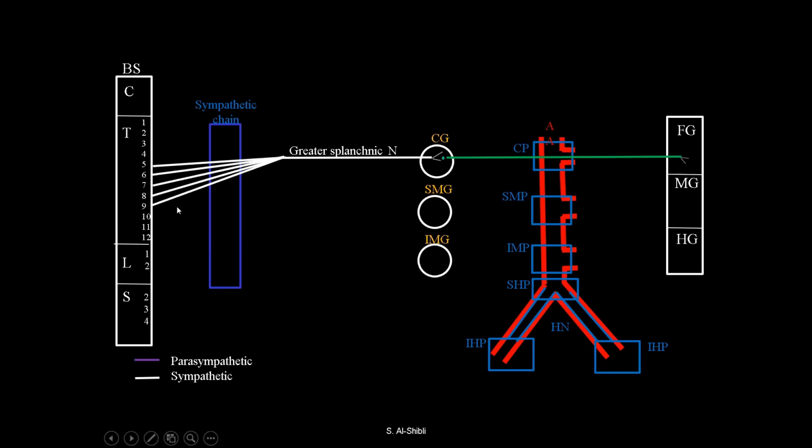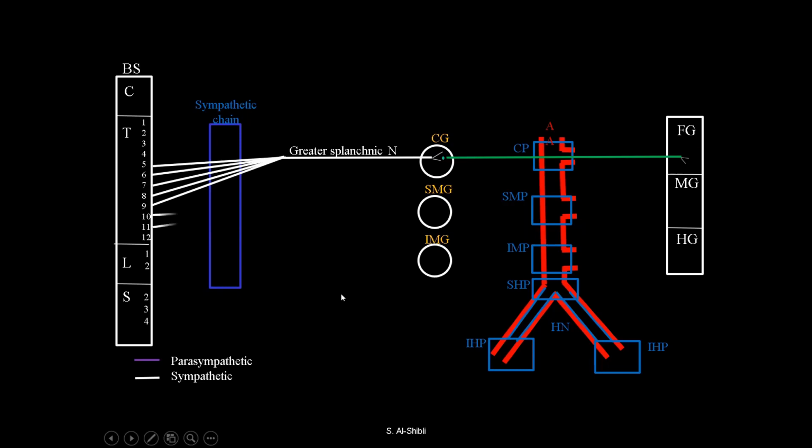Okay, so the first we call the greater splanchnic, 5, 6, 7, 8, 9. It relays in the celiac ganglia, then to the structures within the branches of the celiac trunk through the celiac plexus, a network of nerves around the celiac artery.